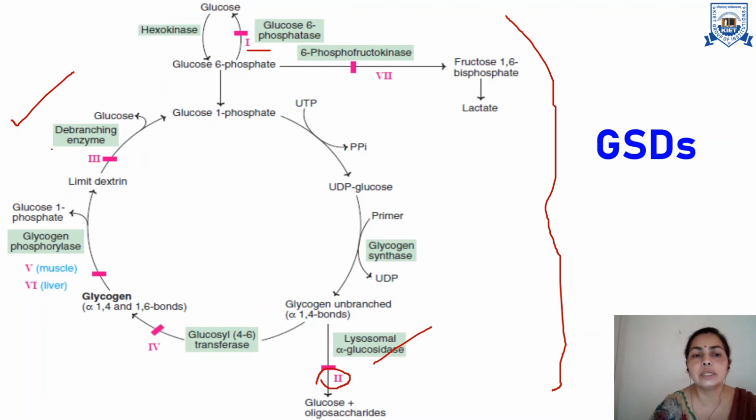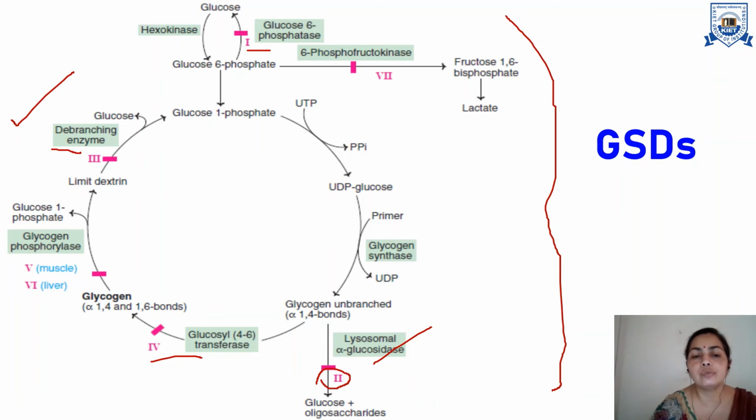Here the debranching enzyme is lacking, so there will be no formation of glucose 1-phosphate or glucose. That is type 3 of GSD. Then in type 4, there is absence of glucosyl 4,6 transferase, so there will be no formation of alpha 1,6 linkages, and there will be no glycogen synthesis.